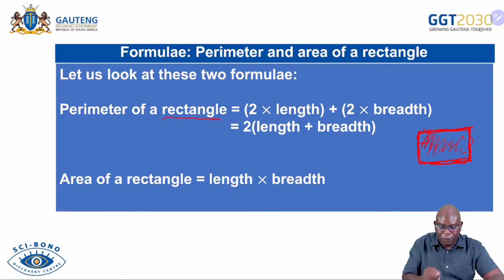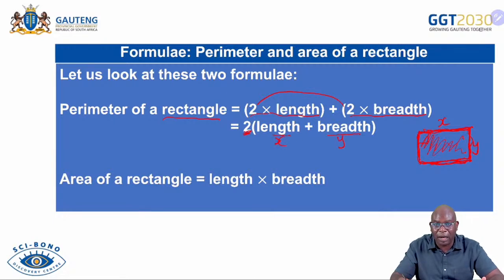Now, the formula for perimeter will be 2 multiplied by length plus 2 multiplied by breadth, which will be the same as taking out 2 as a common factor. Then I'll have length plus breadth inside. So I take the length and the breadth, add them together and then multiply them by 2, because they've got 2 of those, 2 of those.